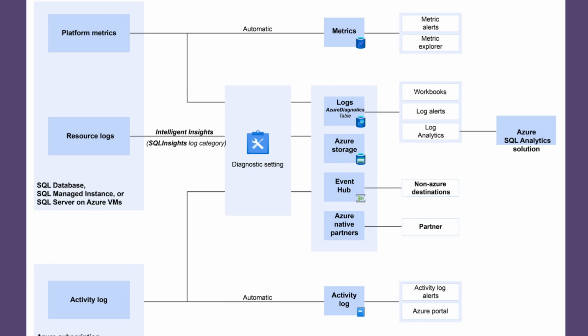You know, tools like Query Store, which automatically tracks query history and performance, and DMVs, which give us real-time health checks. Second, we have data from Azure's platform. This includes fundamentals like metrics, which are CPU and IO usage, resource logs that record specific events like deadlocks, and the activity log, which is our audit trail for actions like creating and deleting a database.